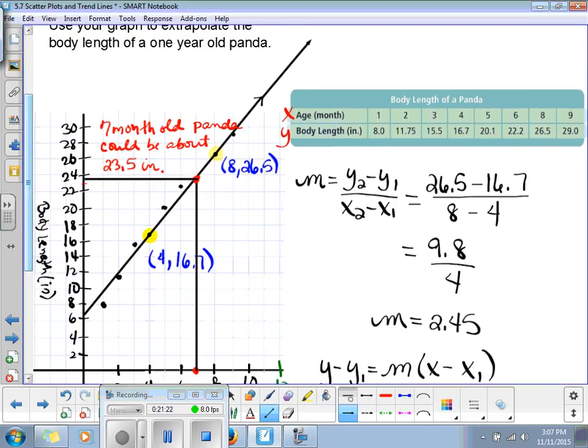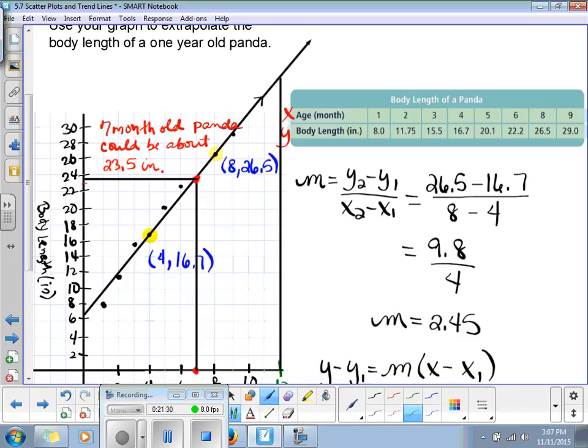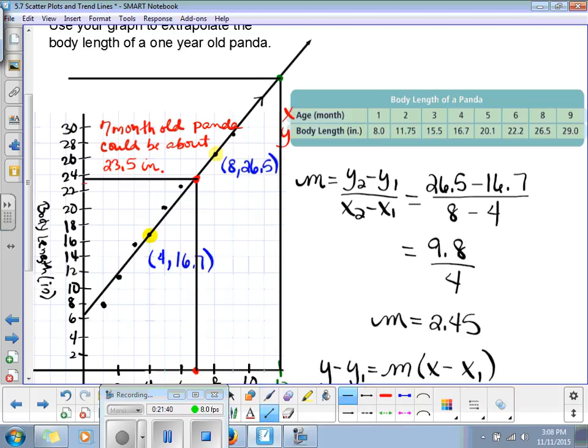So we will go up to our graph, and then we will go from that point to our y-axis, which is about right there. Everybody with me so far? Now you have to extend the y-axis.